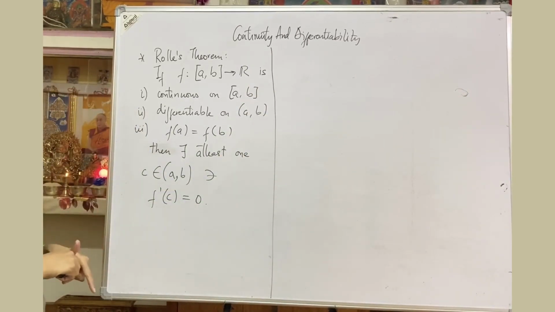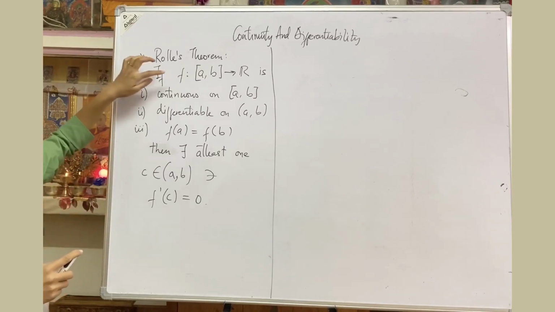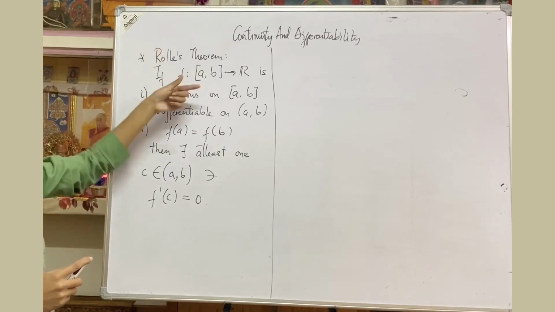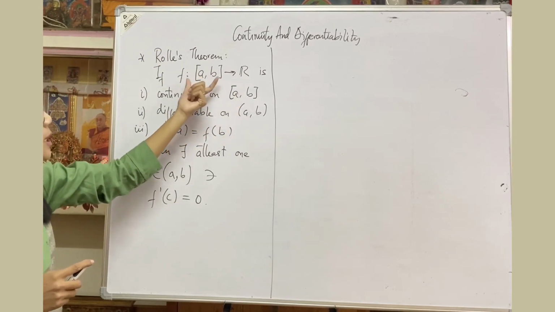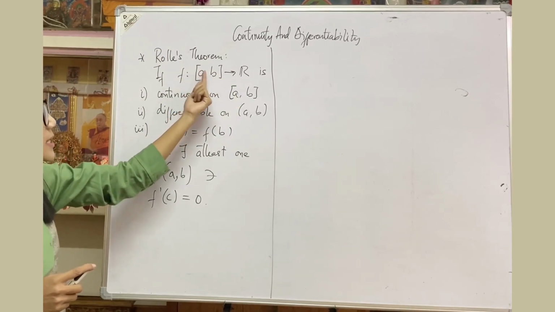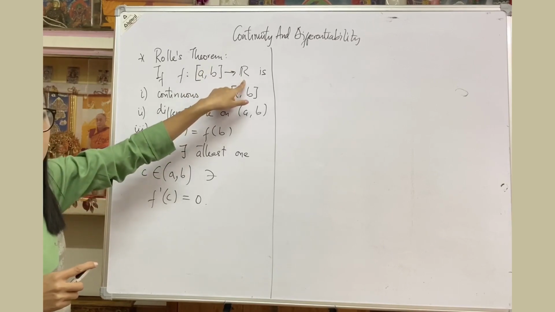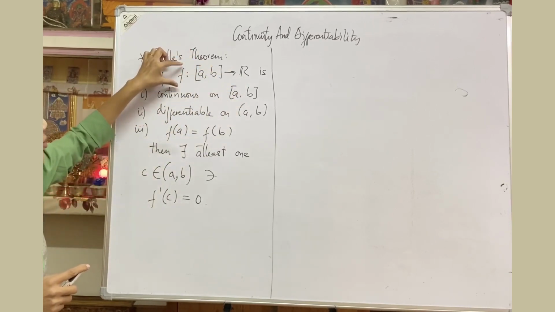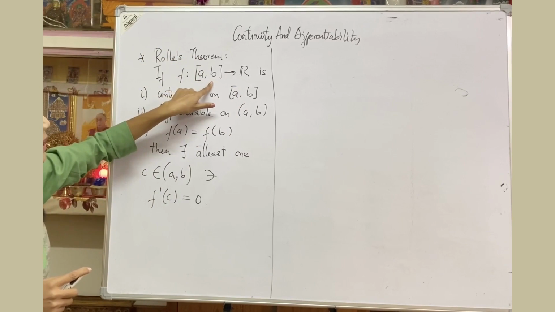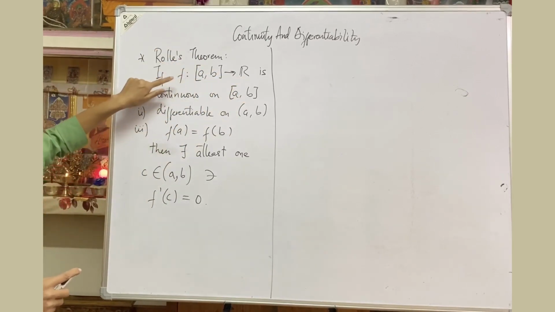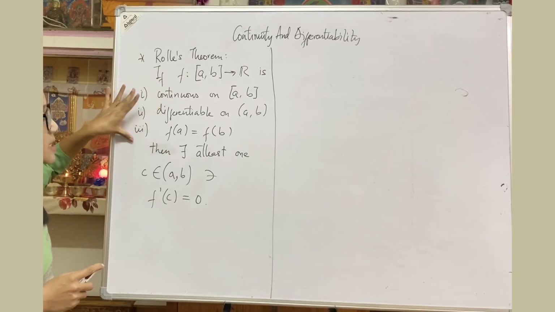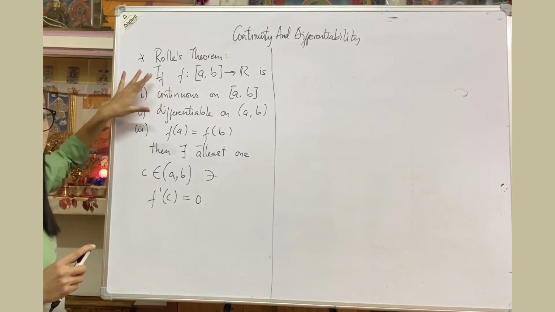What it says is, if you have a function f which is defined from closed interval a, b to the set of real numbers, so this is the domain of this function, and all its images lie in the set of real numbers. These are the conditions this function should satisfy.